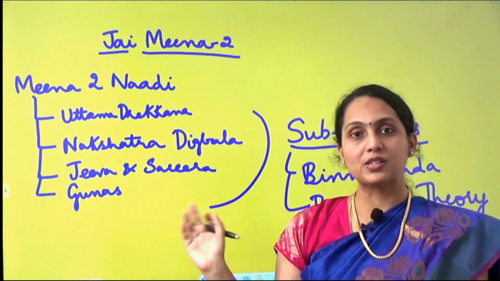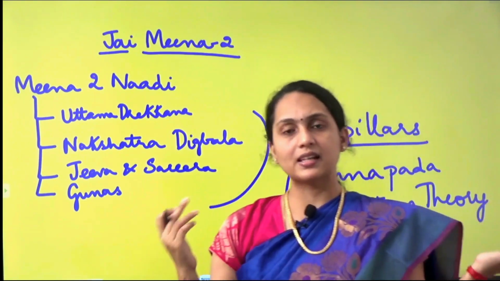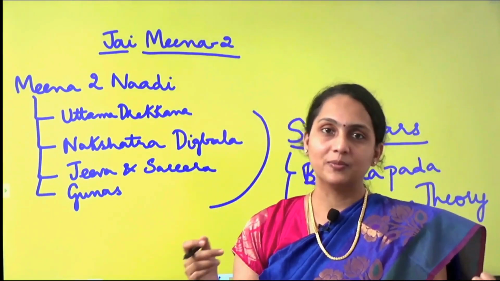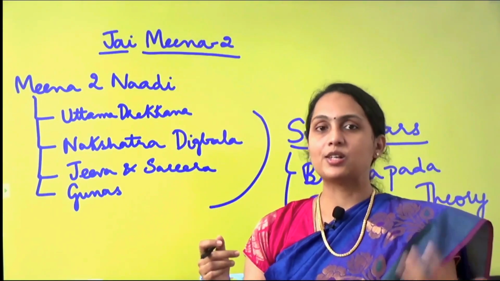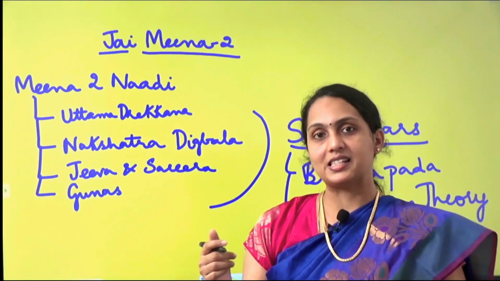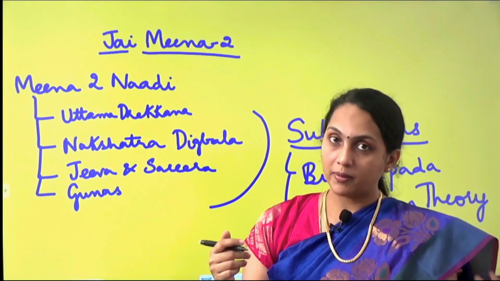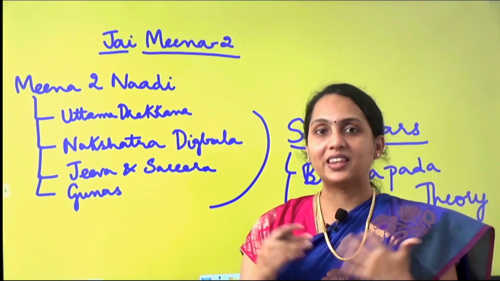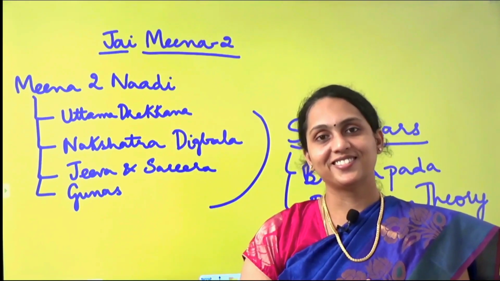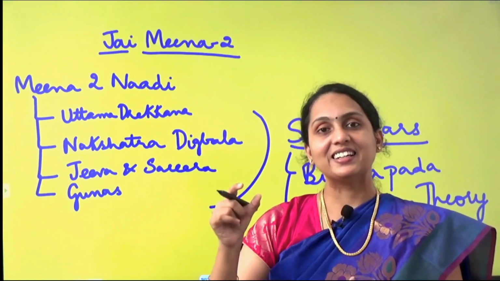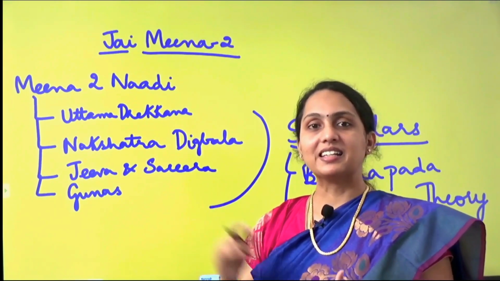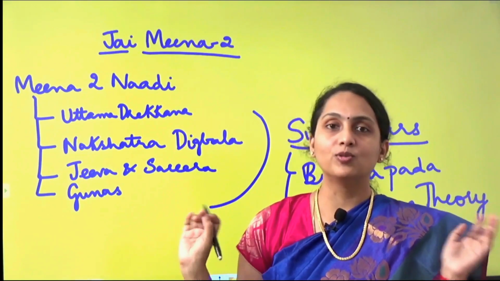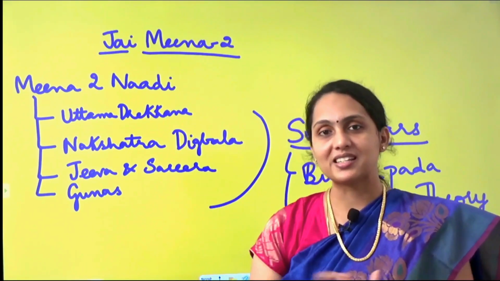If Shukra is posited in Pisces, it is exalted. But in which nakshatra is it posited? Is it in Purva Bhadrapada, Uttara Bhadrapada or Revati? Where is Shukra? That influences the result given. That is the prime mantra, the Moola mantra of Meena2 Nakshatra Siddhantha.